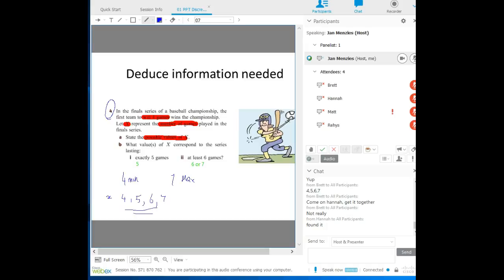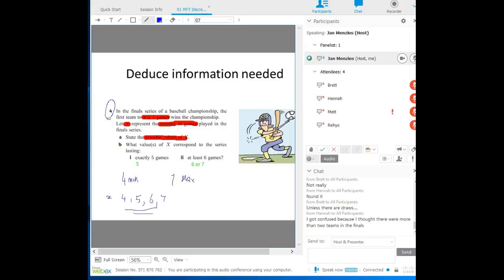So what I recommend is that if you read a question, you think they haven't given me enough information, talk to somebody, just try and work out. Usually they have, all right? Usually there is enough information and you've just got to say, how can I pull out a new idea from that information? All right. So for it to last exactly 5 games, yep.